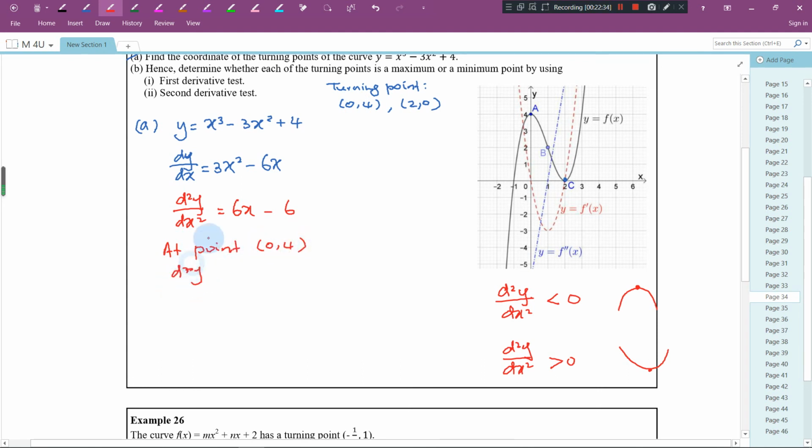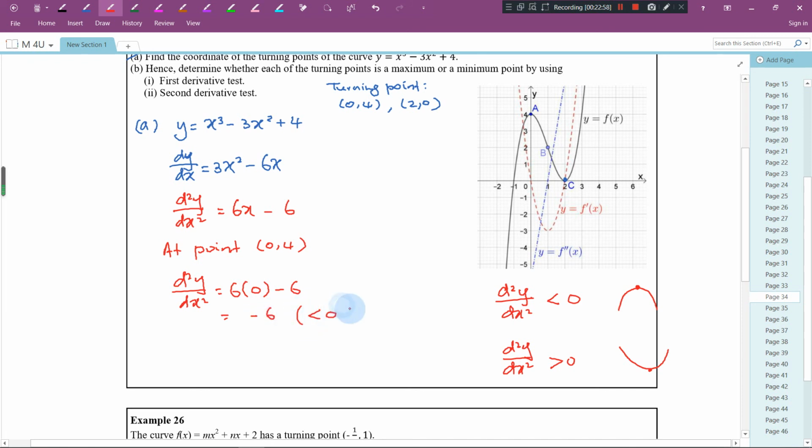Let me write again, d2y dx squared is equal to, we just use the x coordinate. Substitute the x coordinate here into this second derivative. 6 times 0 minus 6, you will get negative 6.